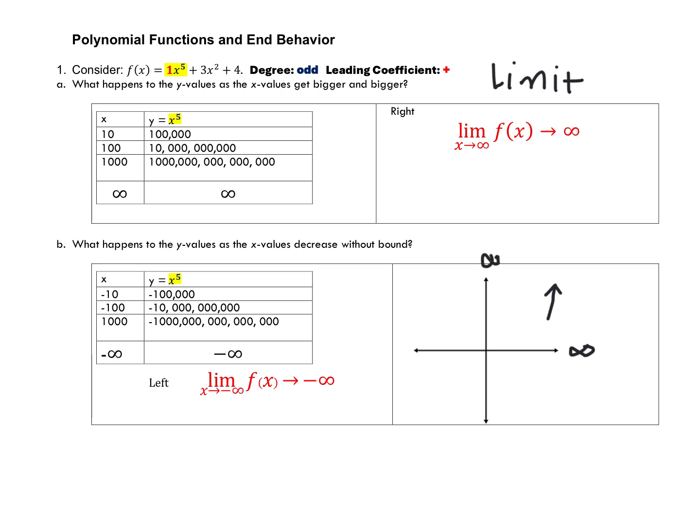What about if I do the opposite? Now I plug in smaller values. X values decrease without bound. So I'm going to plug in smaller values of x. And again, you see the values of y get smaller without bound. You can see as I approach negative infinity, I get negative infinity.